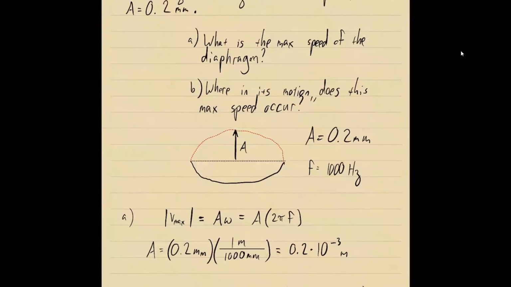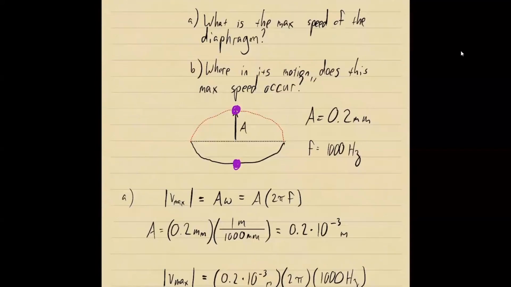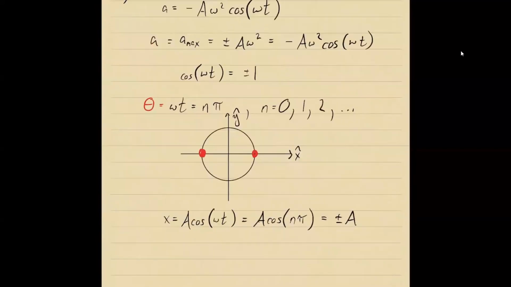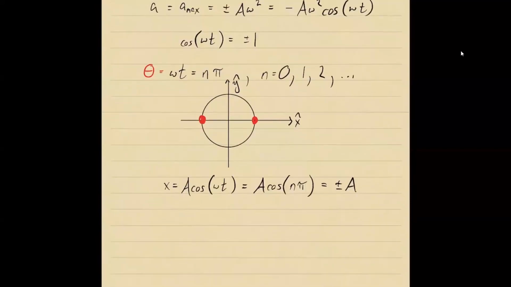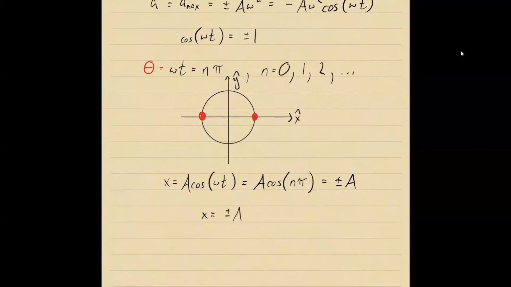The max acceleration occurs whenever this diaphragm is at its maximum endpoints. So like here and here. At these points, the acceleration is so great because it wants to return back to its equilibrium position. So that's part B. So the max acceleration occurs at plus or minus A.